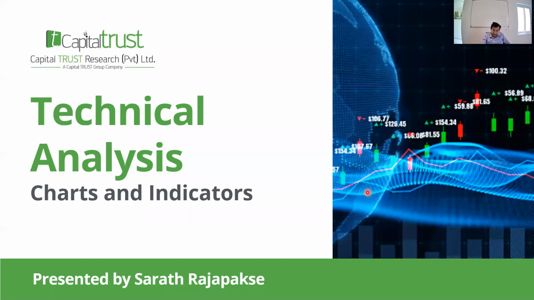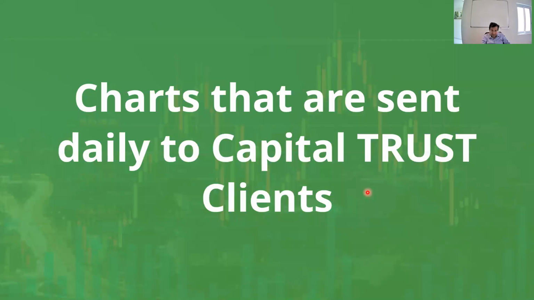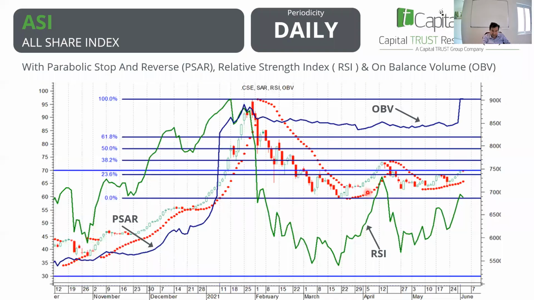Right. Let's look at some of the charts that we see. Daily, right? Now, this is a bit cluttered, but nevertheless, to reduce the number of slides, I have put several indicators on it.